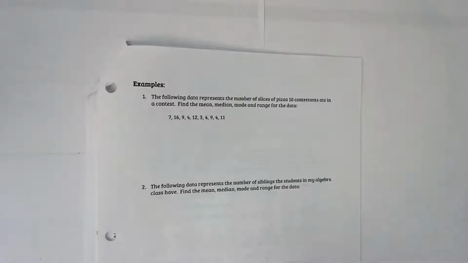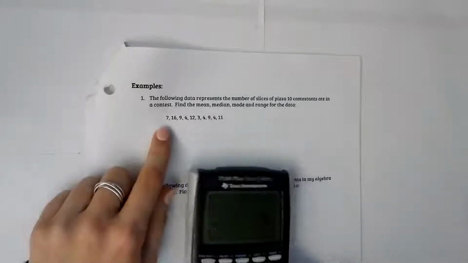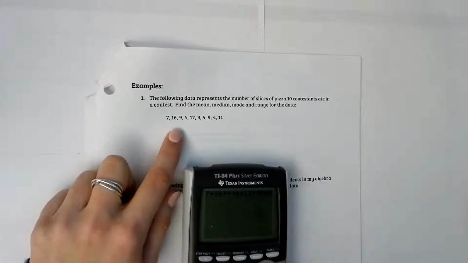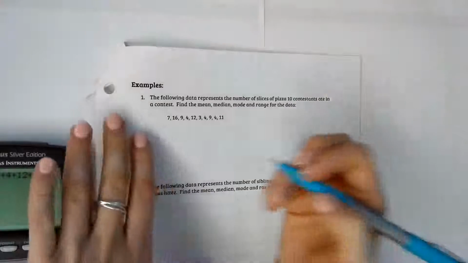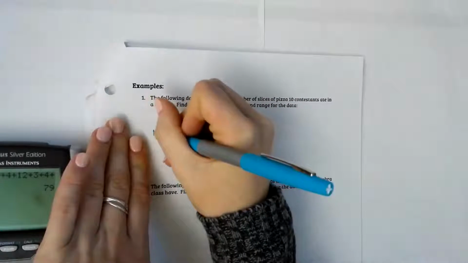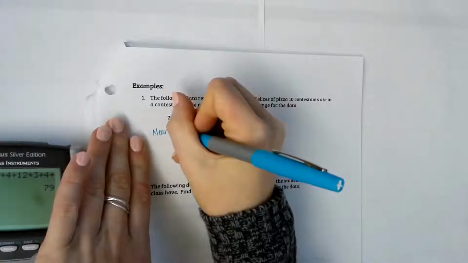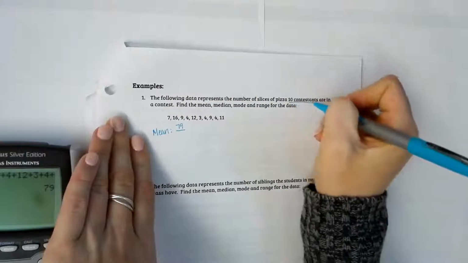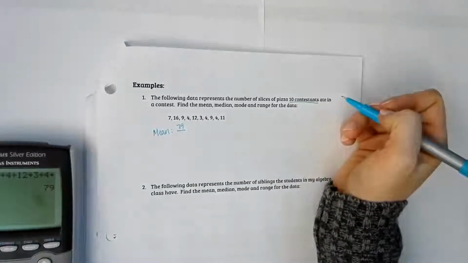So if I do 7 plus 16 plus 9 plus 4 plus 12 plus 3 plus 4 plus 9 plus 4 plus 11, that is 79. So if I say mean, 79 over, now they tell us here that there's 10 pizza contestants.